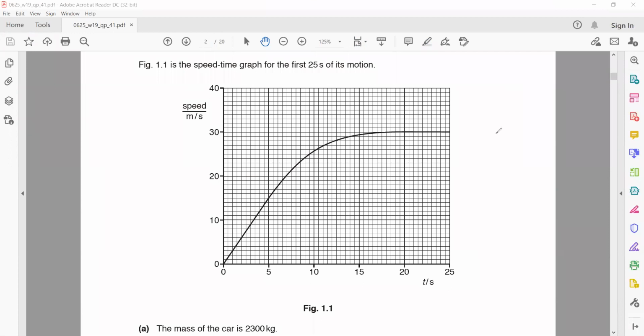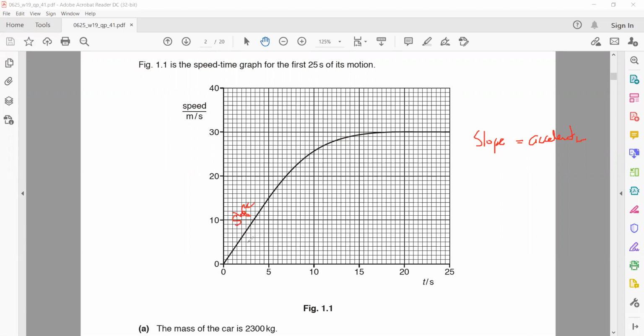So here for the first 6 or 7 seconds, the slope is constant. Here the slope is decreasing, and at this point the slope is equal to 0. If slope is 0, acceleration is also 0.